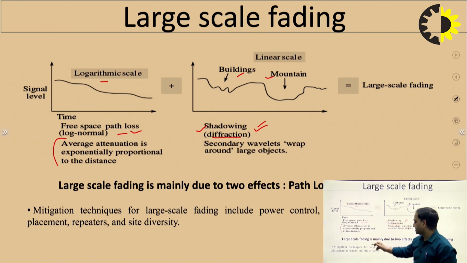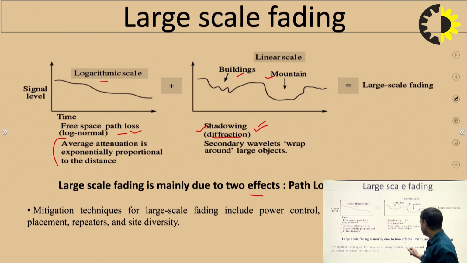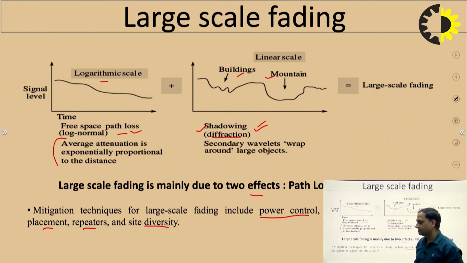So this large scale fading is mainly due to two effects, as we have mentioned, the path loss and the shadowing. We have different mitigation techniques to remove the ISI in the large scale fadings. This can be done through power control, antenna placement, repeaters and site diversity.